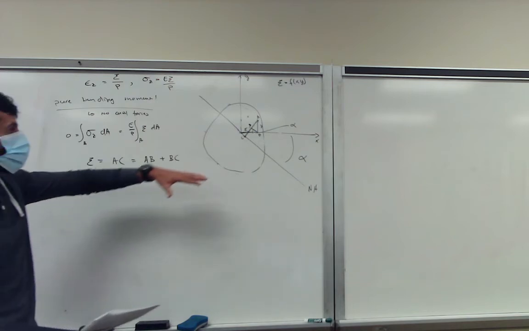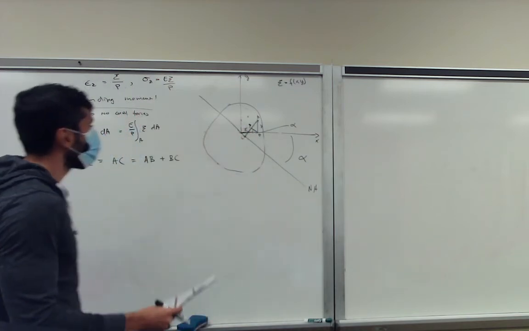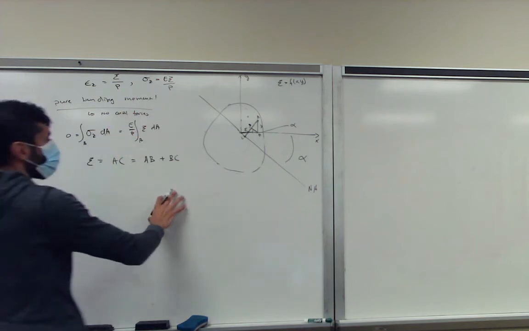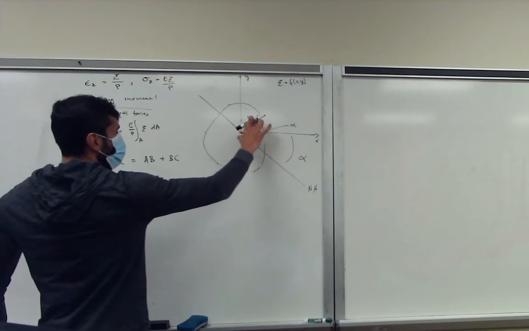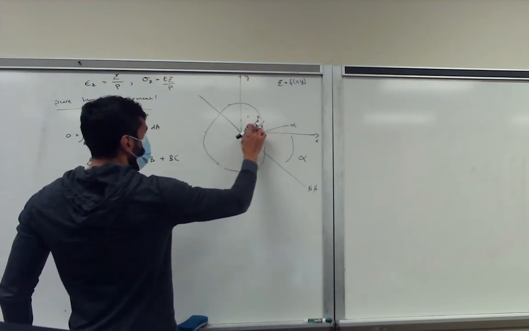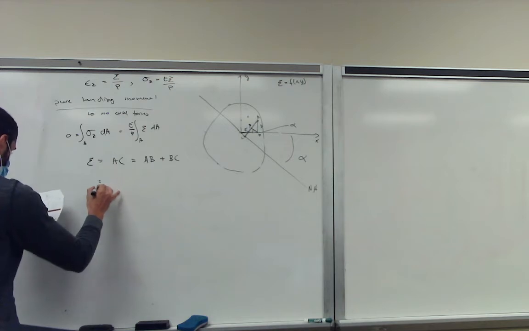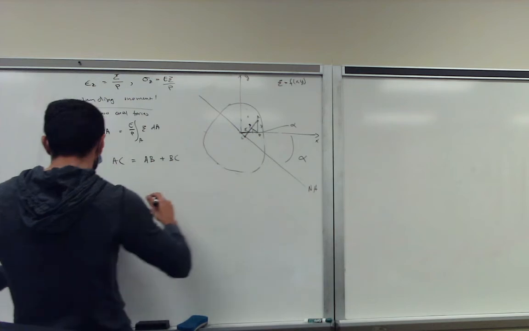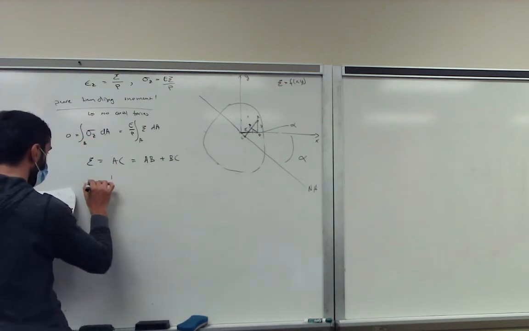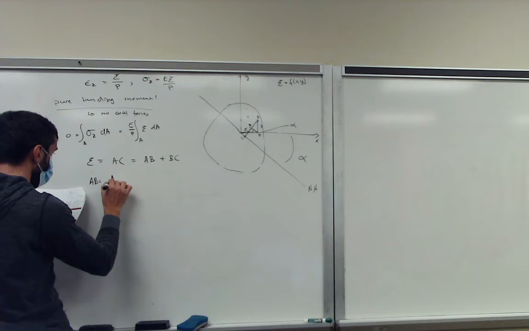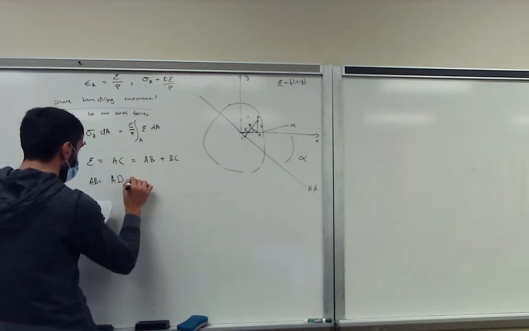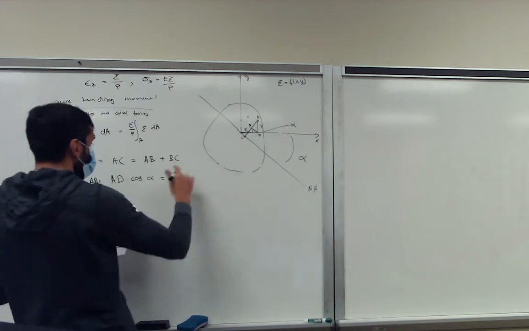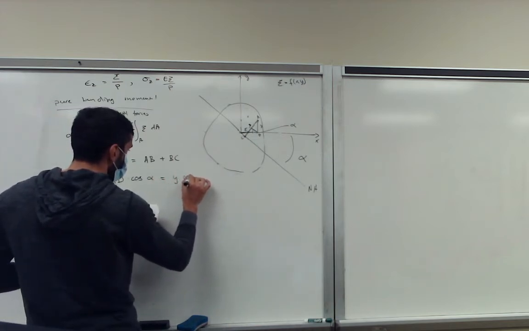So we can use basic geometry rules to come up with the definition of psi as a function of x and y. Psi is equal to AC, which is AB plus BC. AB is equal to AD multiplied by cosine alpha, and AD is equal to y, so AB is equal to y cosine alpha.